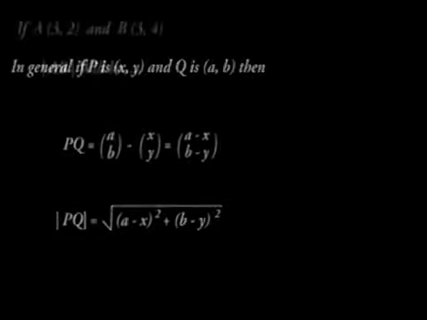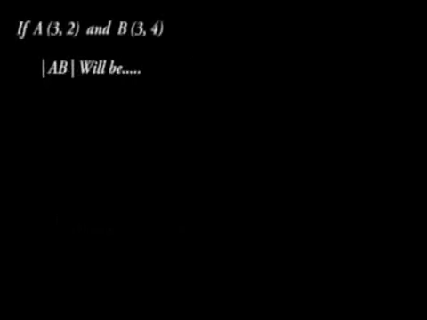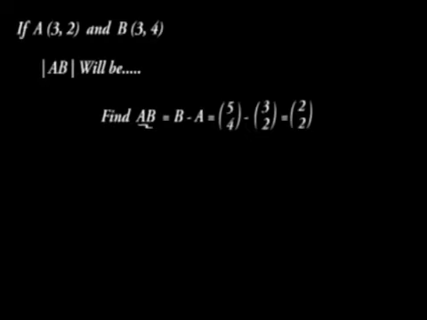Example: if A is (3, 2) and B is (5, 4), find vector AB, which is B minus A, which is (5, 4) minus (3, 2), giving us (2, 2). The magnitude of AB is equal to the square root of 2 squared plus 2 squared, and the answer is the square root of 8.